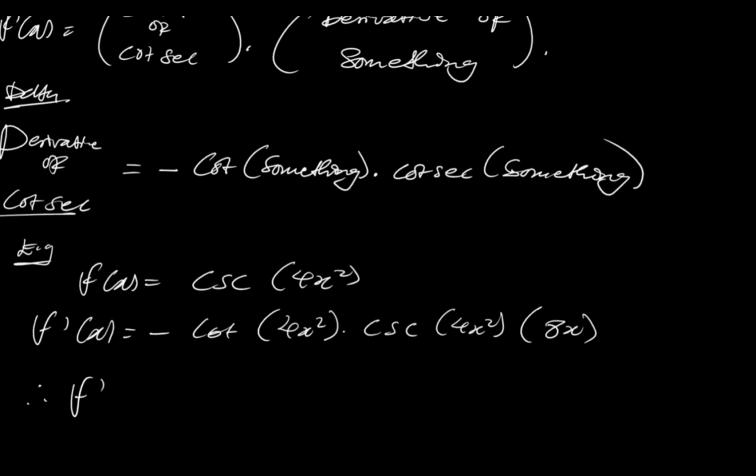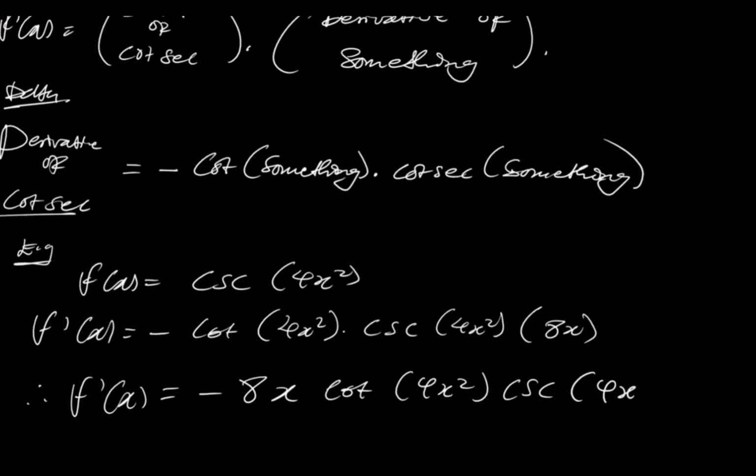Therefore, f prime of x is equal to negative 8x cot of 4x squared cosecant of 4x squared. This is the final answer.